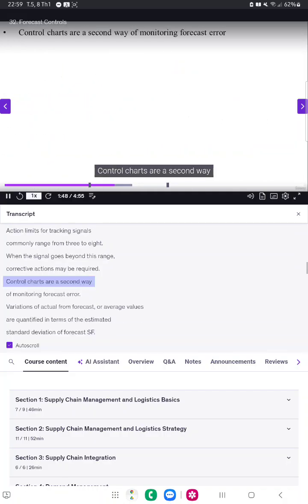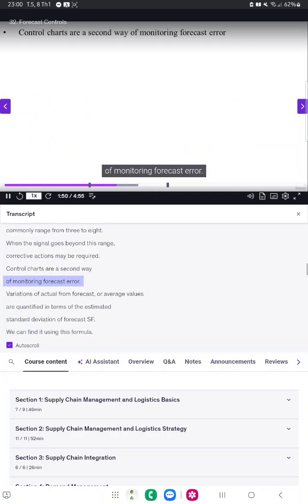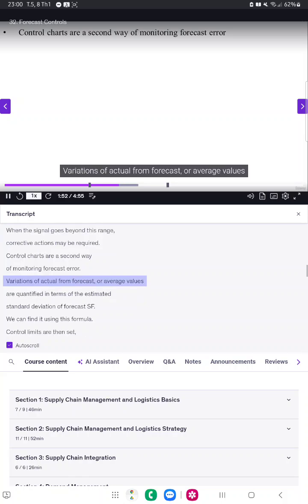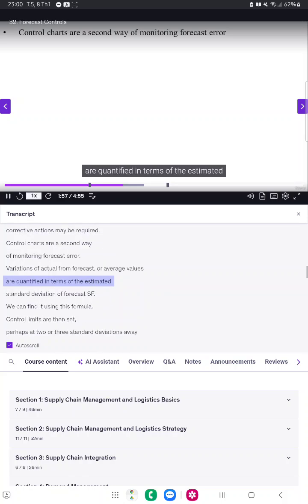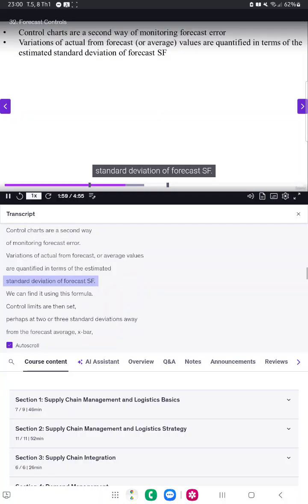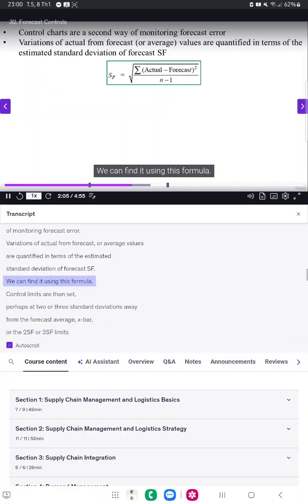Control charts are a second way of monitoring forecast error. Variations of actual from forecast or average values are quantified in terms of the estimated standard deviation of forecast, SF. We can find it using this formula.